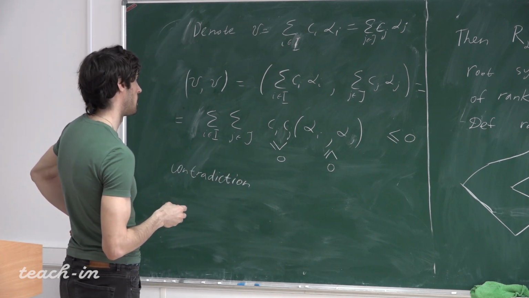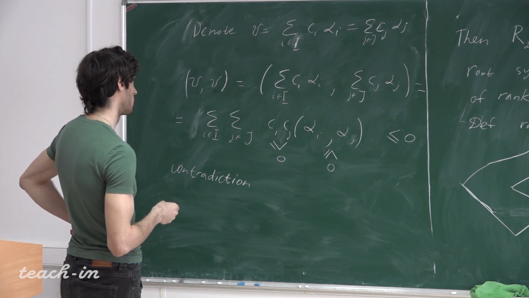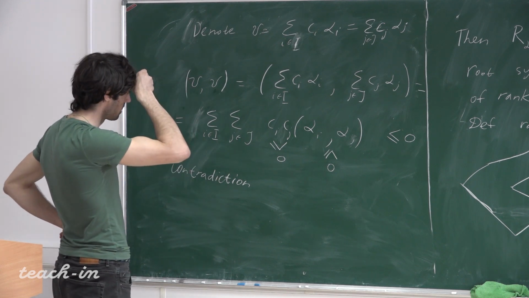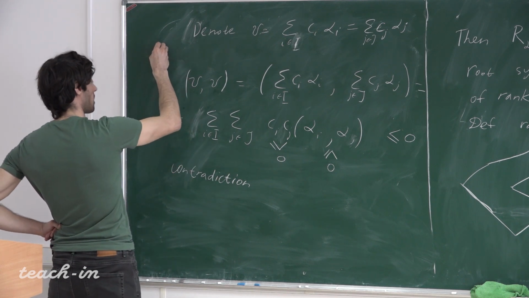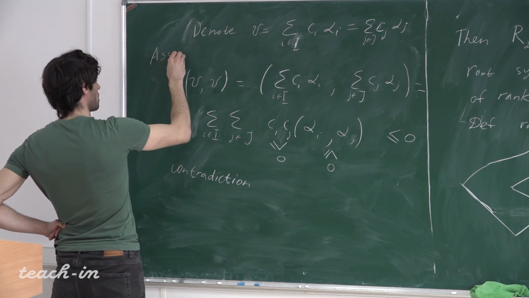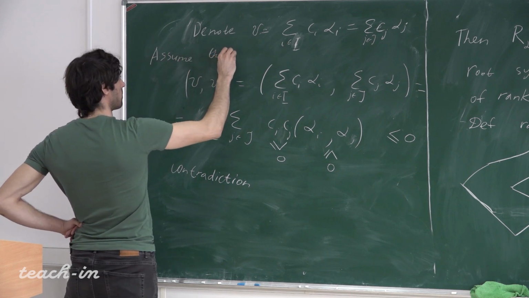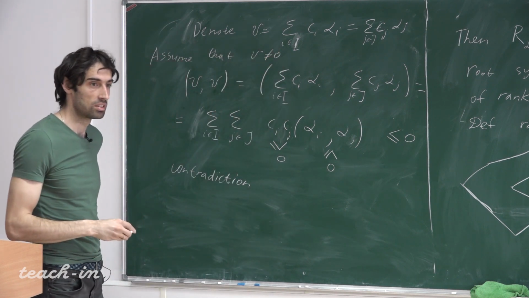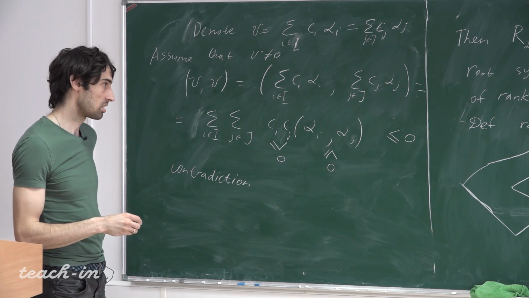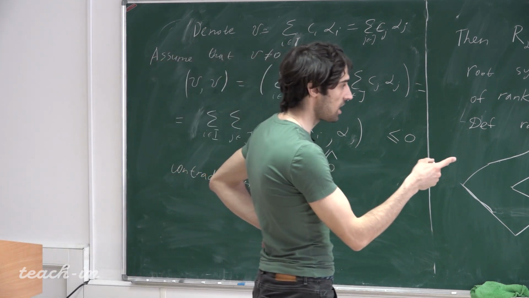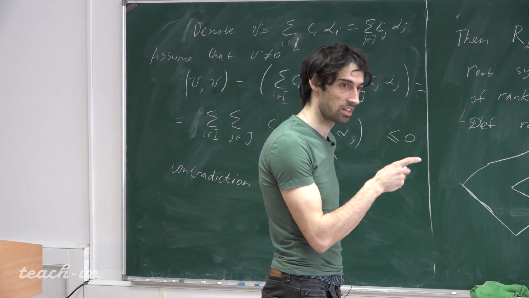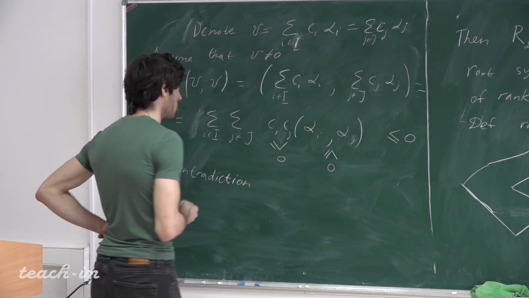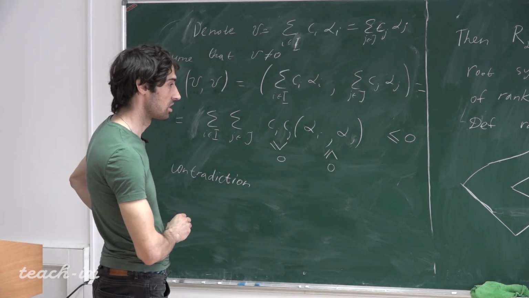Here I assumed that v is not 0, so it's not true that all αi are positive or all αi are negative. So if v is not 0, then it's like that.